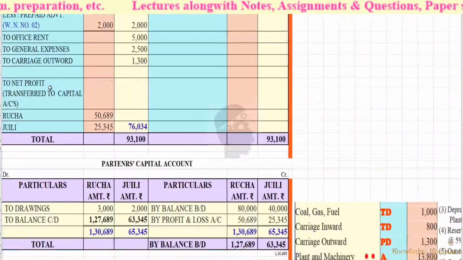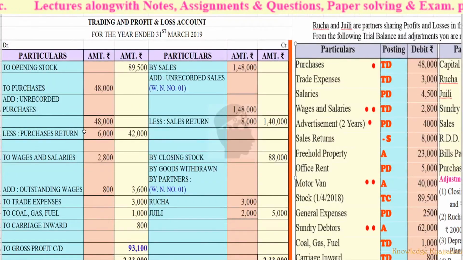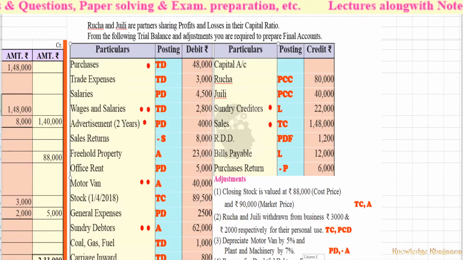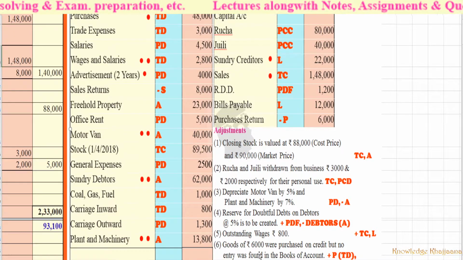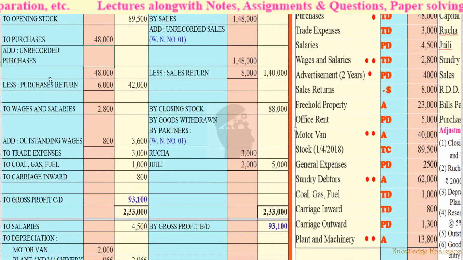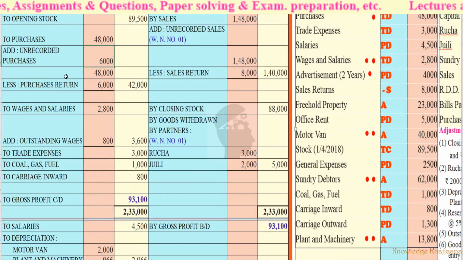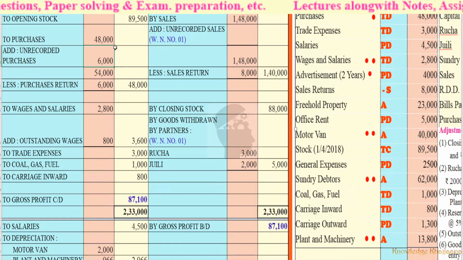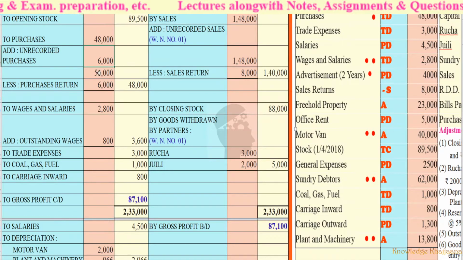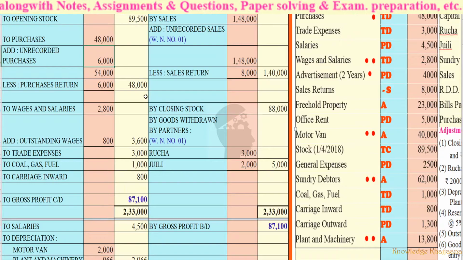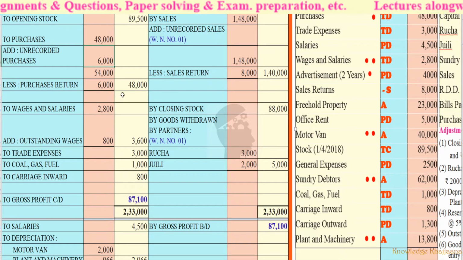Trading account debit side, unrecorded purchases of rupees 6000. So we have to add unrecorded purchases. So the total purchases would be rupees 54,000, and 6,000 were purchase return. So the total amount of purchases is rupees 48,000.